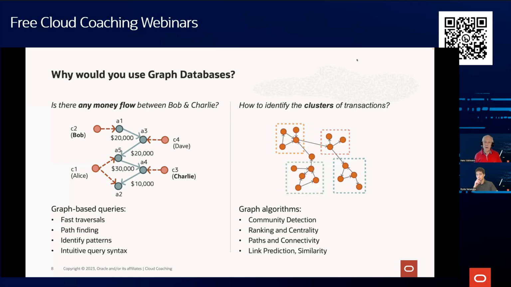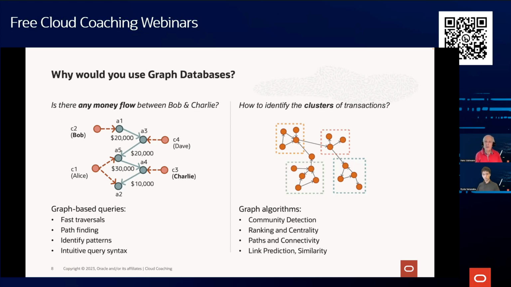In a graph database, you can represent the accounts as what we call vertices in a graph, right? And you can store the transactions in such a way that they show up as edges between these vertices. And if you do this, if you look at the little graph on the left-hand side, you can already see from the visual representation that answering the first question, is there a money flow between Bob and Charlie, essentially just becomes a graph traversal or path finding exercise.